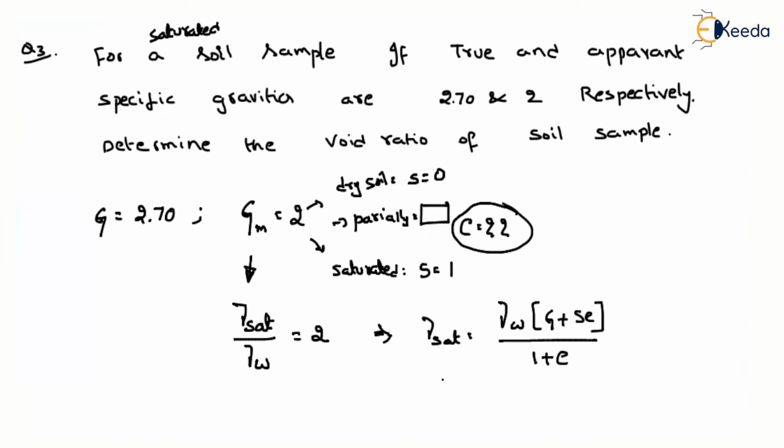We are given gamma sat divided by gamma W as 2. G value is given as 2.70. Then what will be the S value? 1.